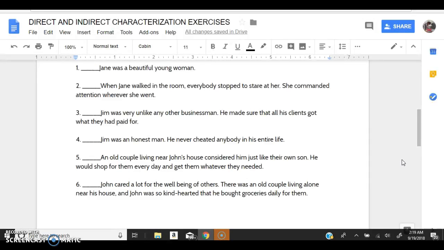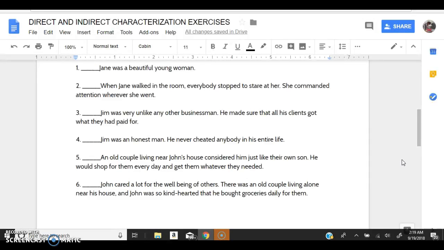And it doesn't say that he's a good boy. It just says that they consider him like his own son. So there you have other characters' interaction with John and his actions to justify why they believe that. He shops for them and gets them whatever they needed. So 5 is indirect.